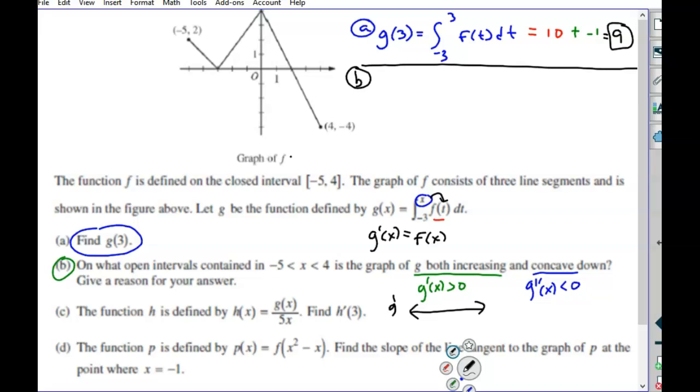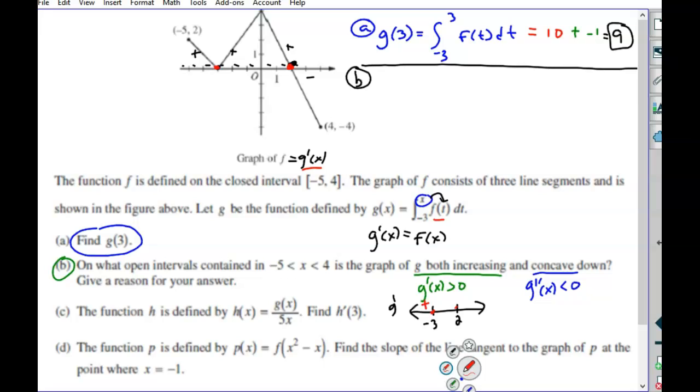If this is the graph of f, which is also the graph of g prime, when is it 0? It's 0 right here, but notice it goes from positive to positive, and then it goes positive to negative. So I have a critical point at negative 3. I've got a point at 2, and those are both when the derivative is equal to 0.